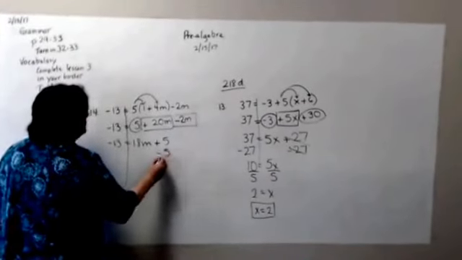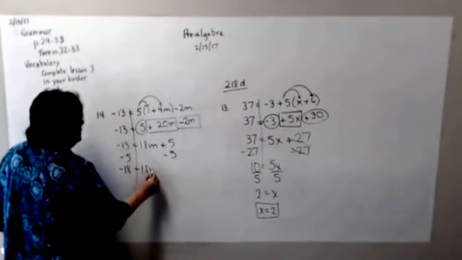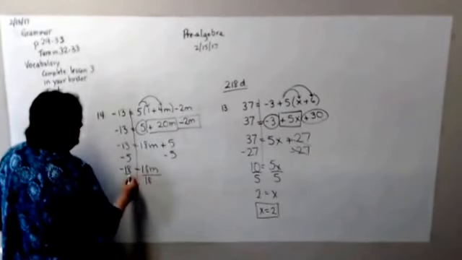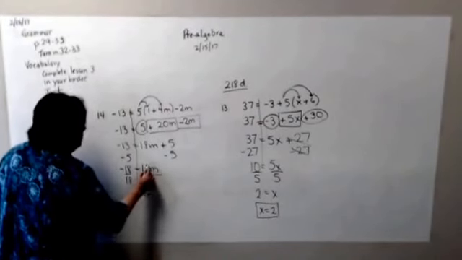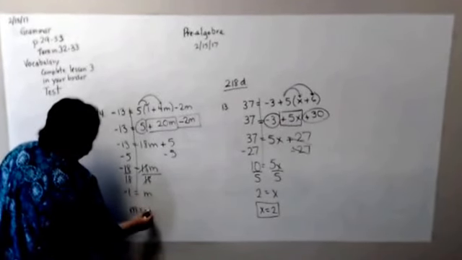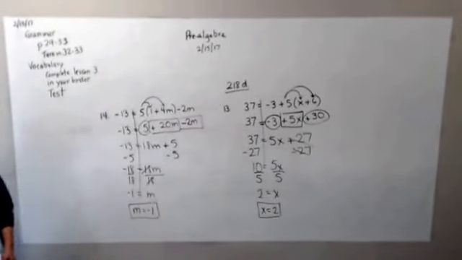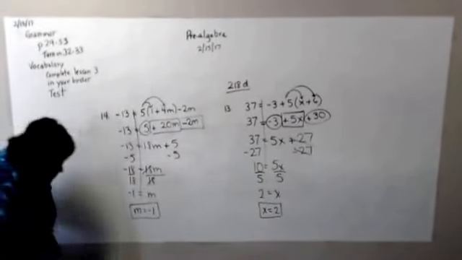Then we subtract 5. We get negative 18 equals 18m. We divide by 18. We get m on this side. On this side we get negative 1. M equals negative 1. Check your answer to make sure that you got that correct.